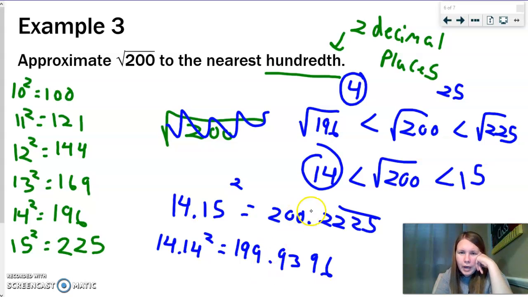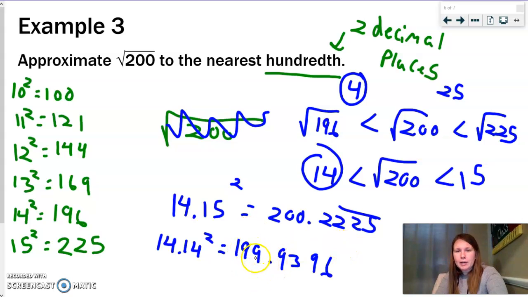So I have to figure out which one's closer to 200. Is 200.2225 closer, or is 199.9396? I could find the difference between the two. If I did this number minus 200, you'd be left with just the decimal 0.2225.